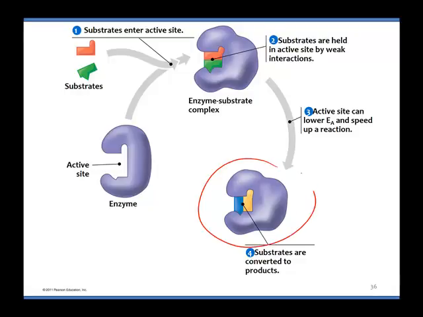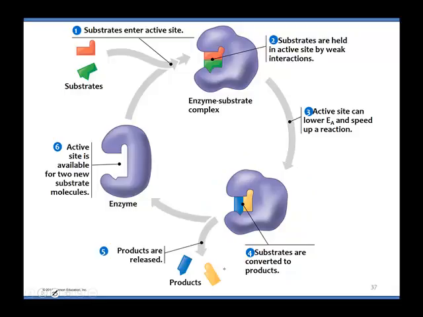All right, so we convert those substrates into products. We don't have any special name for the products, we just call them products. The enzyme will then release the products and go back to its original state. So enzymes can work over and over and over again without being used up in the process themselves.